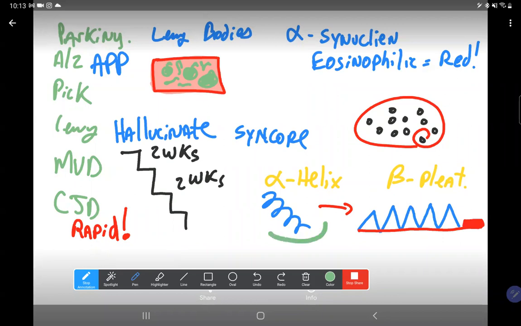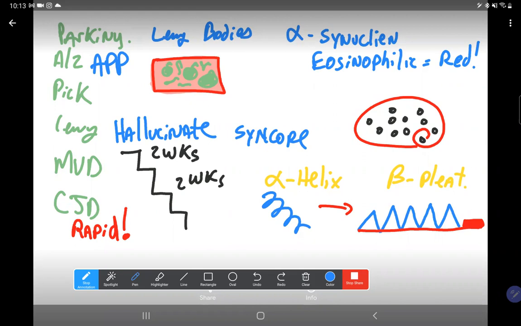So we have alpha helical shaped proteins, and then we have beta pleated. Now, beta pleated looks like this. I made it look like a saw, a serrated edge, something very sharp and dangerous.